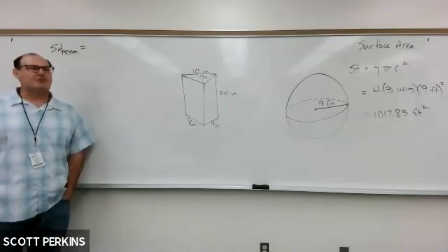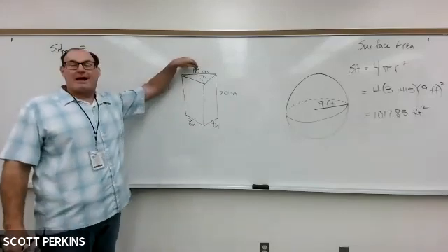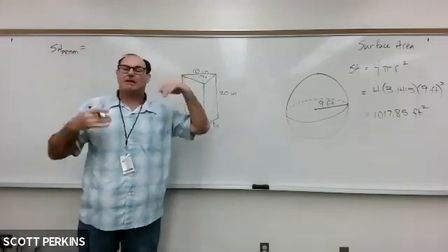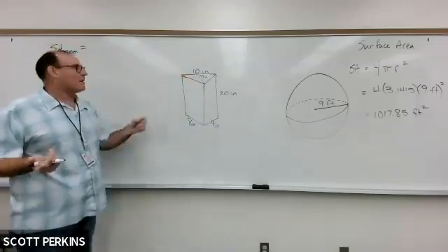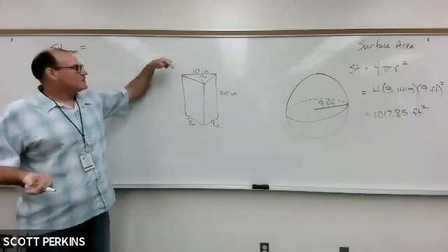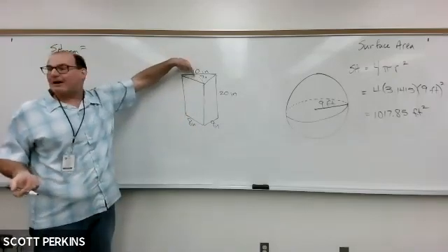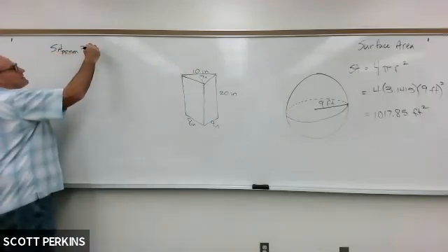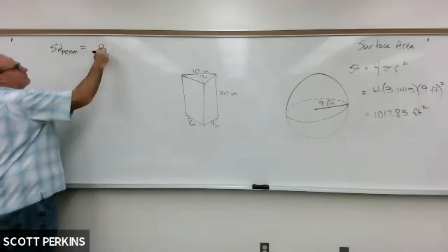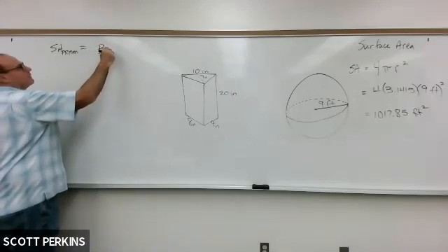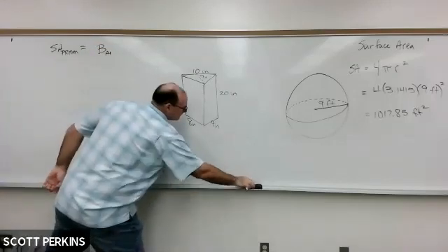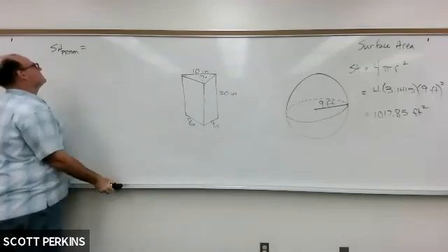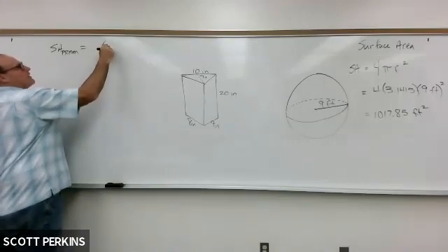Here's what you're going to do for any prism, whether it's a cylinder, whether there's a triangle on the top and bottom, whether there's a parallelogram or a trapezoid on the top and the bottom. It's just a matter of the sides. So you're going to find the area of the triangle on the top. So you find the area of the base. Let me just write it out instead of using symbols. So we're going to find the area of the base.